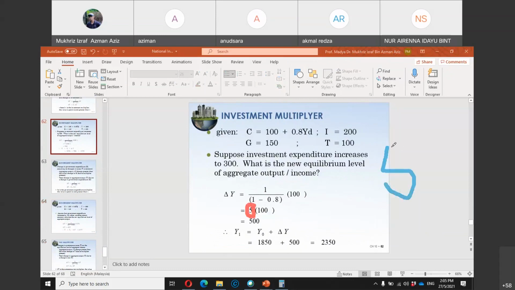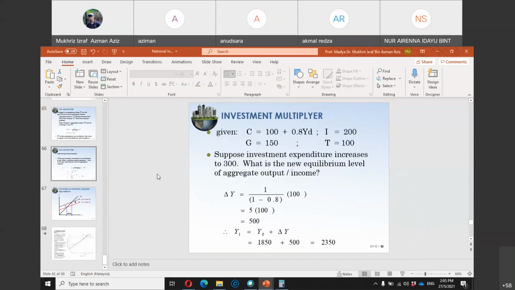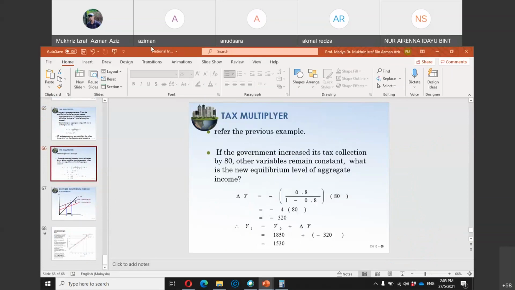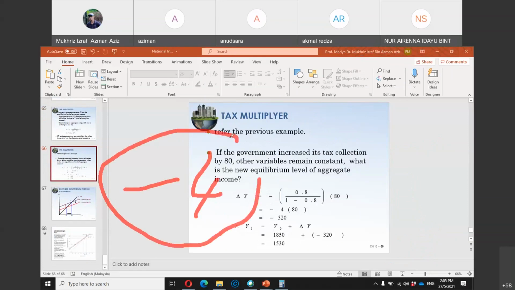So 5 is the government multiplier value and also the investment multiplier value. But for the tax multiplier, the value is negative 4. So negative 4 is multiplied by the change in tax, which here is 80 ringgit.